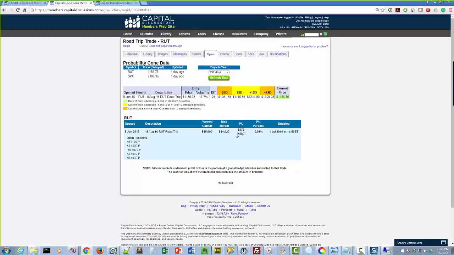You'll see a bracket underneath the P&L on the open page. If there's anything being added or subtracted from the position's native profit and loss, this is actually from the hedge. So the Russell put made $1,160, and there were two trades open when we put the hedge on. So that 1160 was split across two trades.